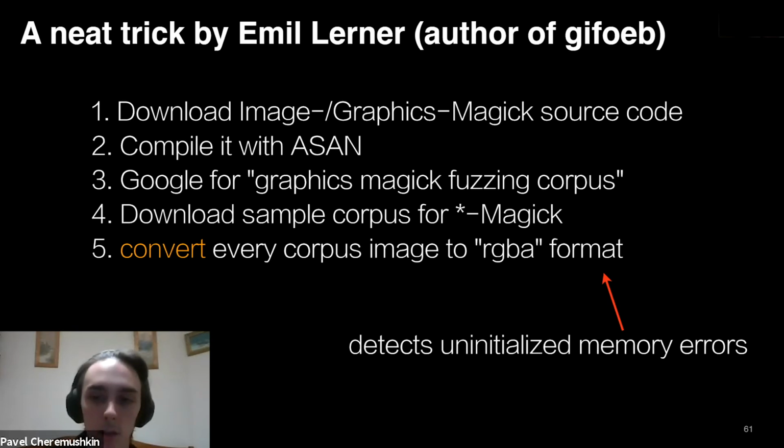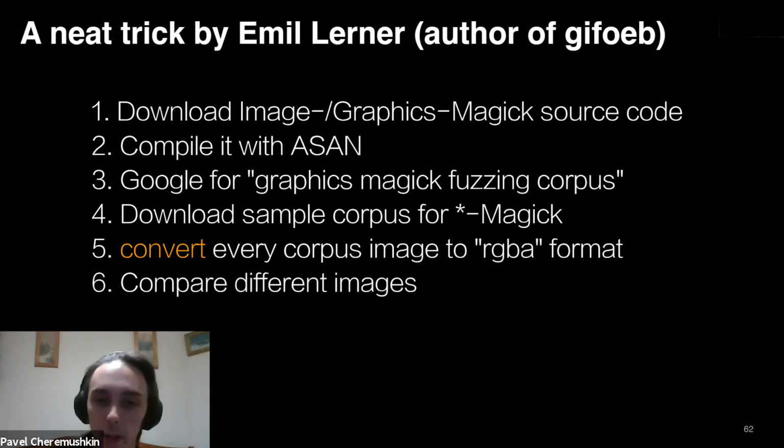So we hope to detect uninitialized memory errors by using this RGBA format and purely extracting uninitialized memory from the image. The last step is to compare the different images that we have converted. Let's say the first image was converted with malloc fill byte 0, and the last image with malloc fill byte 155, and we compare the results.